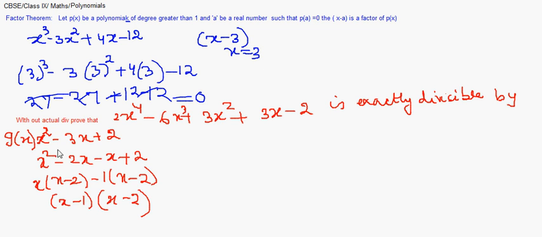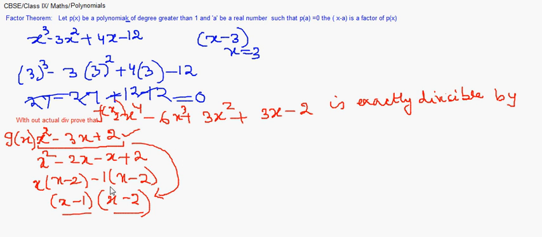To prove that the given polynomial is divisible by g(x), it is sufficient to prove that x minus 1 and x minus 2 are factors of the given polynomial f(x), because g(x) has these factors.